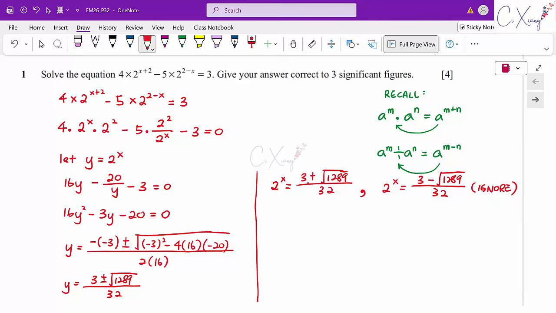Alright, so to get the value of x, basically you need to take ln both sides so that you can pull the x in front. Then ln, and take note, when you want to take ln, it must be the ln for this whole thing, this whole value here. Okay, then you need to press calculator a little bit to help you to get the simplified answer.